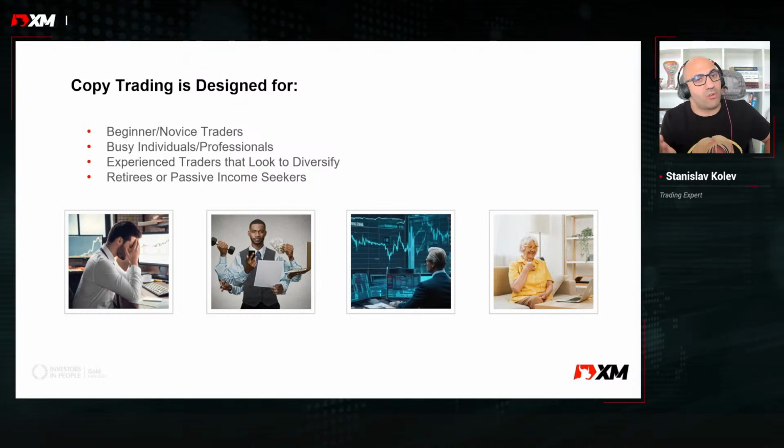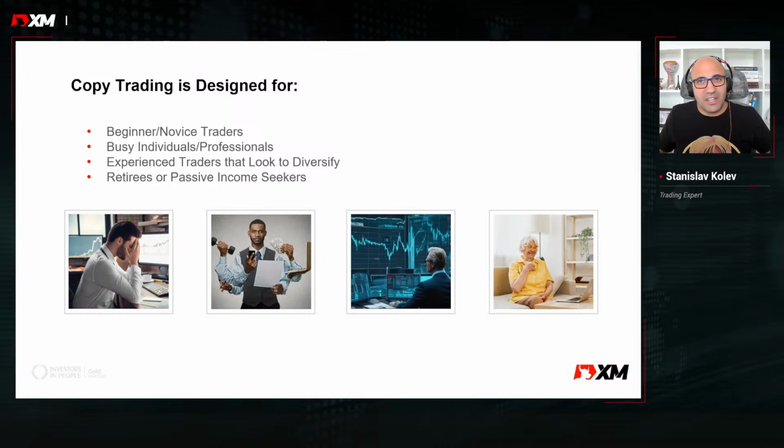Of course, in the meantime, you could be checking the performance from your phone, wherever you are, because you will have full access to your account, and you could be turning it on and off whenever you wish.